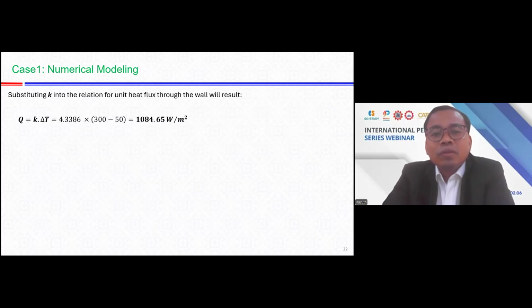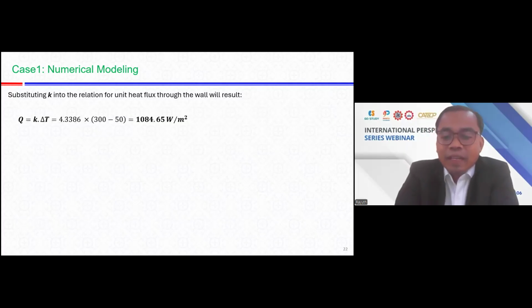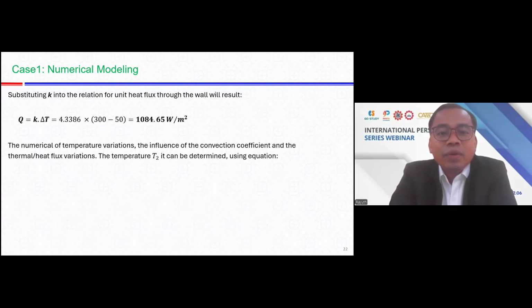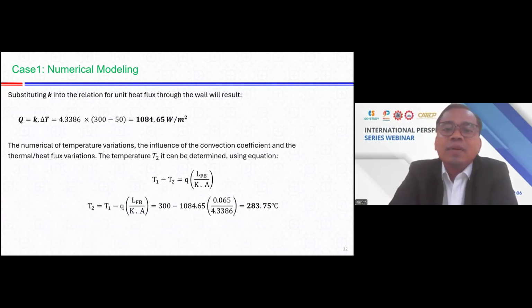So the total calculation is 10,084.65 watts per square meter. That is the answer.